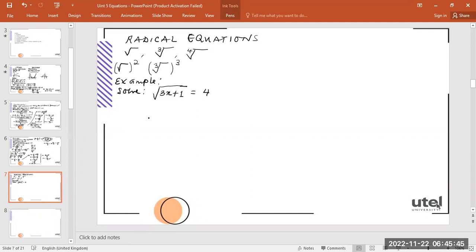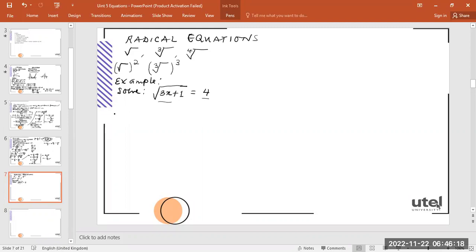The first thing you need to do, like I told you, is to get rid of this square root sign. We can only do that by doing the opposite of square root, which is squaring this expression. Because this is an equation, whatever we have on the left-hand side is exactly the same as the right-hand side, so in order to maintain balance, if we square the left-hand side, we also need to square the right-hand side.